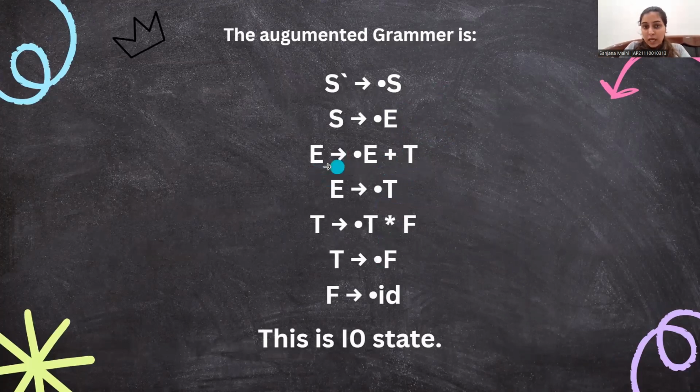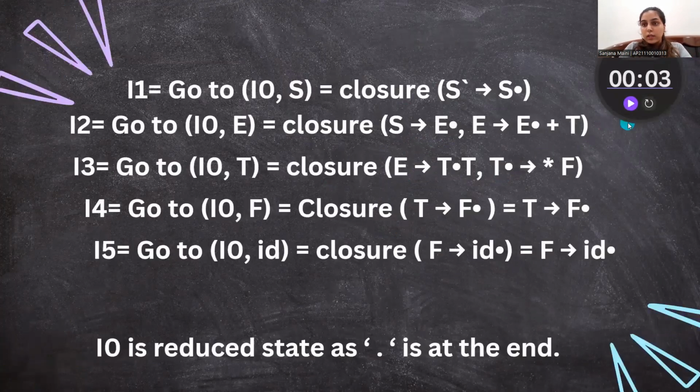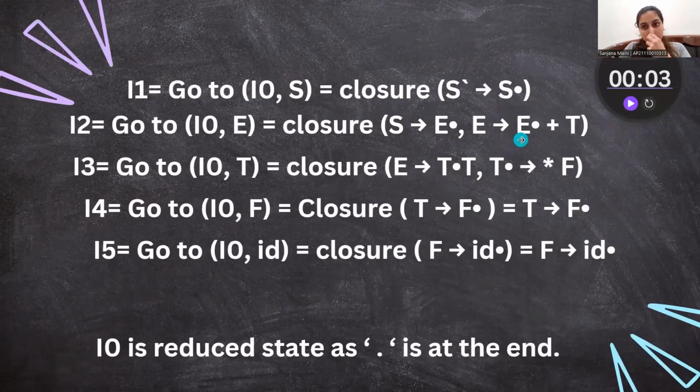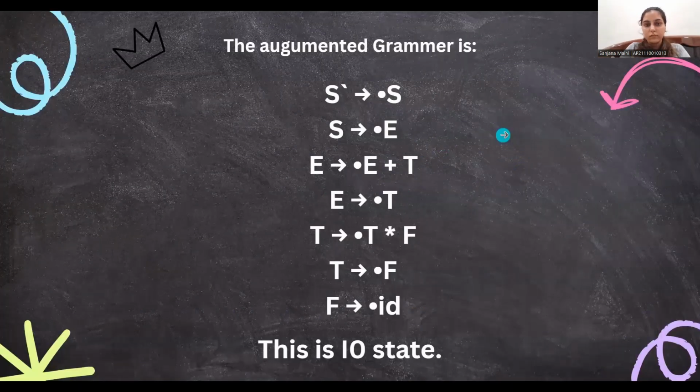This production has E on the right hand side, so we shift the dot one position to the right, and it becomes E tends to E dot plus T. So E tends to E dot plus T and S tends to E dot are the two productions.